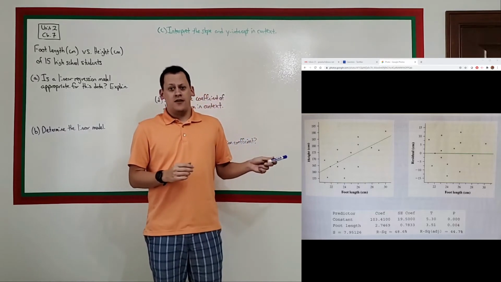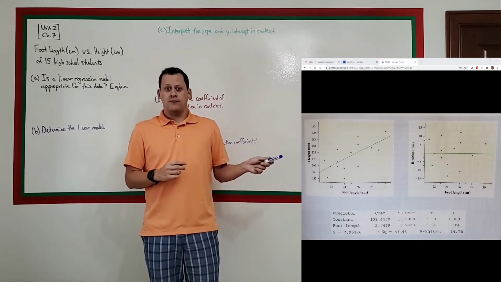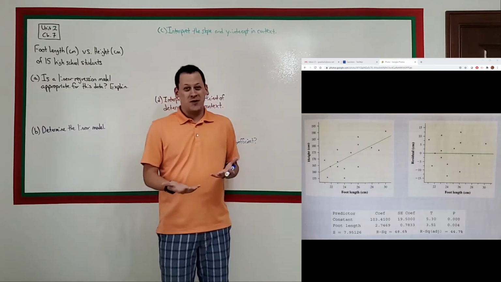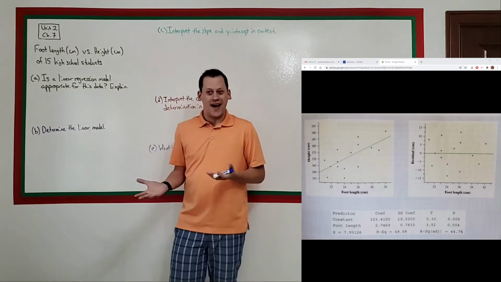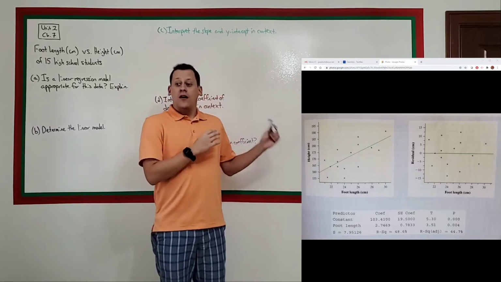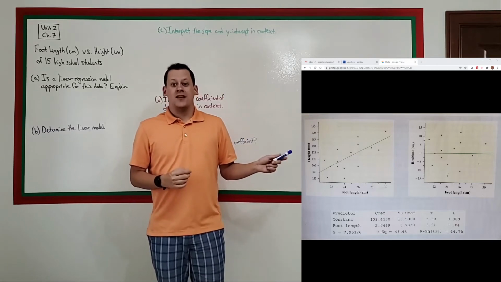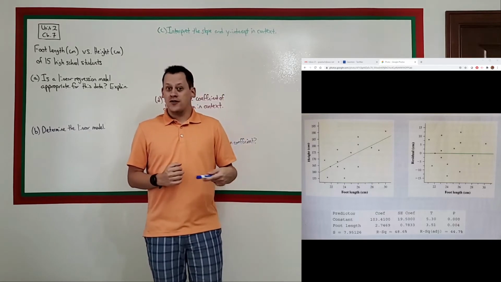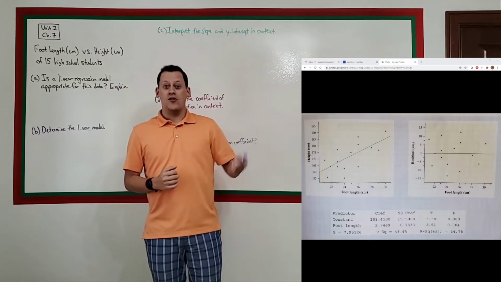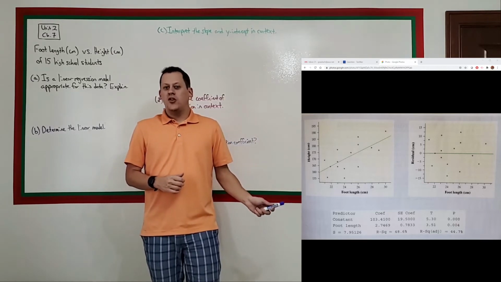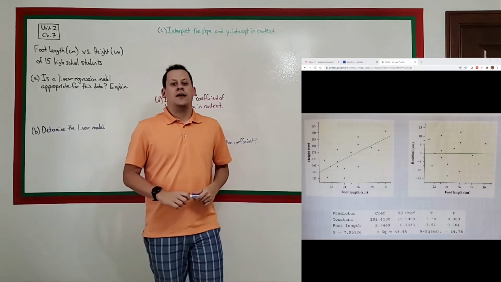So the first graph here is a scatter plot, and you could describe the relationship between those variables. I didn't ask you to do that here. To the right of that, you see the residual plot. So you've still got foot length on that horizontal axis, but on the vertical axis, you've got the residuals. And here on the bottom, you see something you haven't seen before.